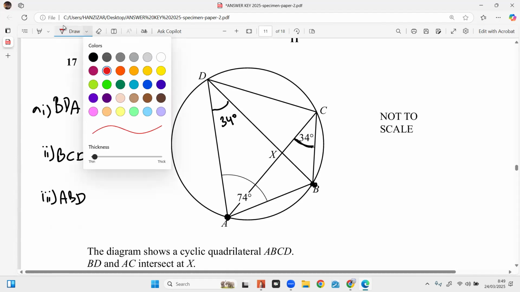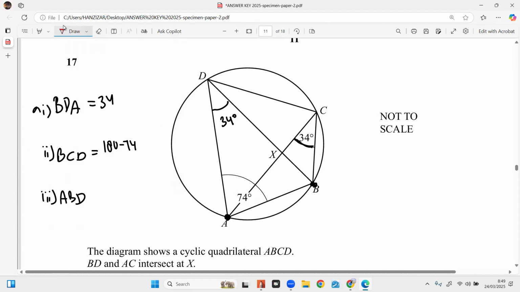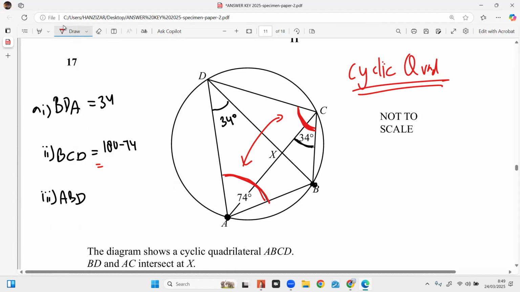Remember the formula of the cyclic quadrilateral: when the opposite angles are added up, they add up to 180. Quadrilateral inside the circle, 106.